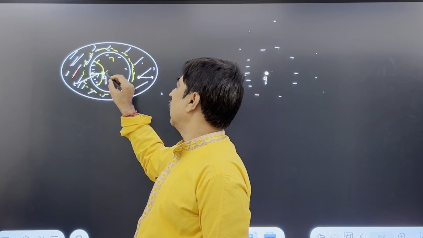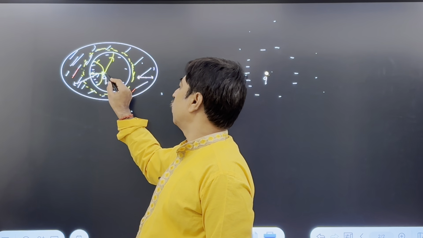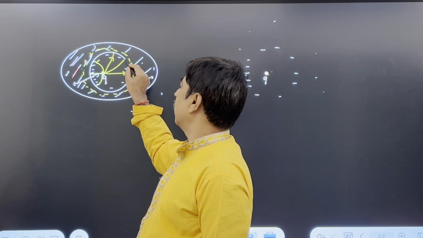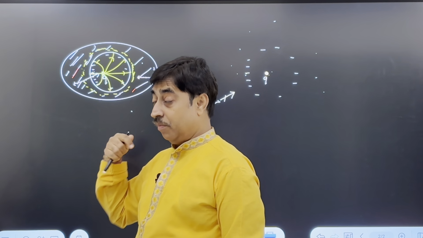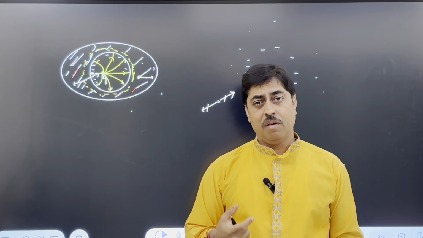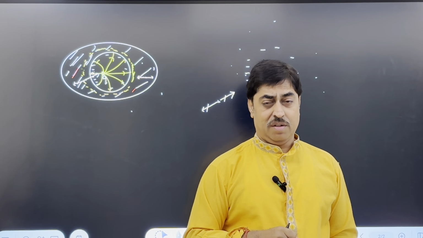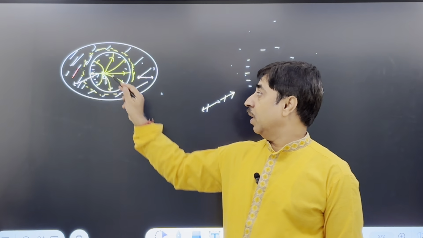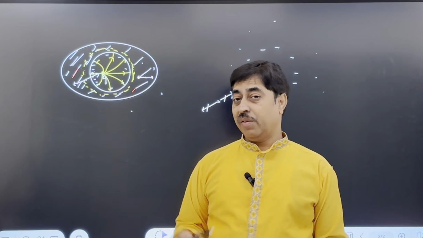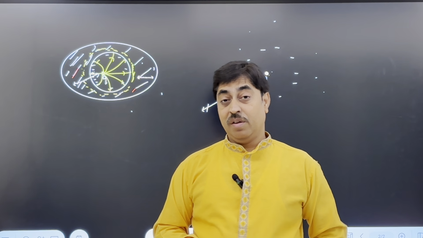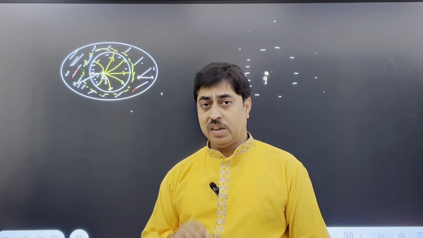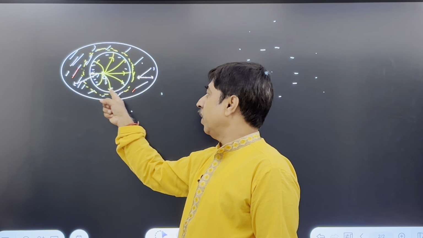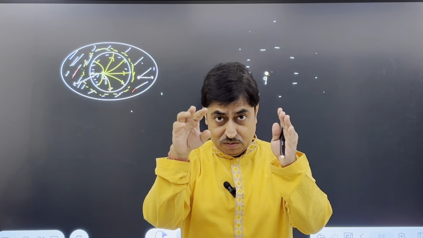Please try to understand that if you are showing 10 lines originating from this plus q charge, then 10 lines will terminate on the minus q charge. This plus q and this minus q obviously have the same magnitude, which means that if you are showing 10 lines originating from this charge, the same number of lines will terminate on the charge that is present on the cavity wall.